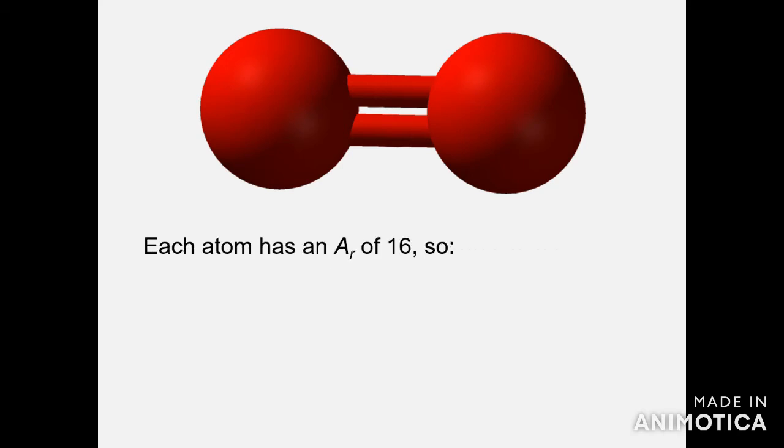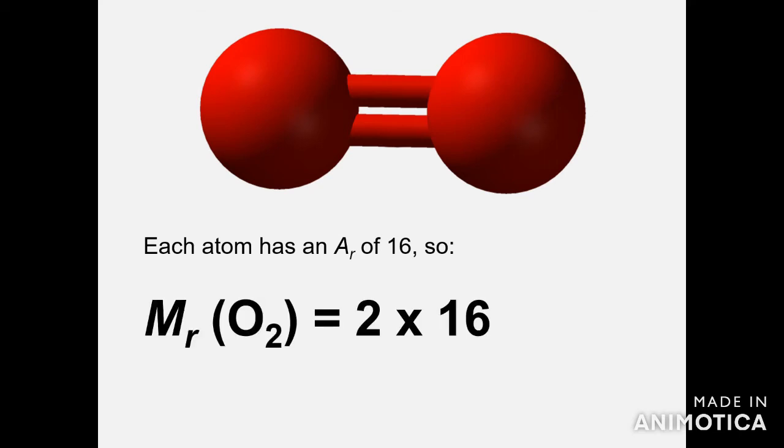So how do we do that? Each atom of oxygen has a relative atomic mass of 16. So we count the number of atoms that there are, and we multiply the relative atomic mass by the number of atoms. And this is how we show that the relative formula mass of a molecule of oxygen is 2 times 16. So simply 32.